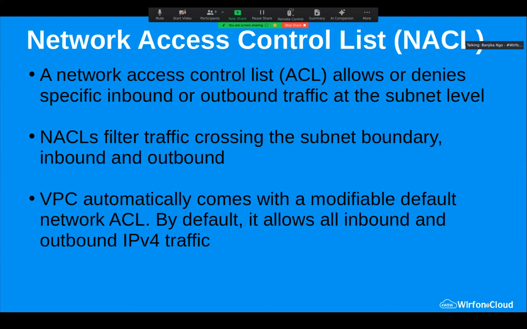You may decide that for traffic going out, it should access some particular services on the public internet and maybe deny some others. If you don't want anything to be accessed online, you want to add restrictions to some particular websites. So you use the network access control list at the subnet level so that all resources that sit in that subnet follow that rule.